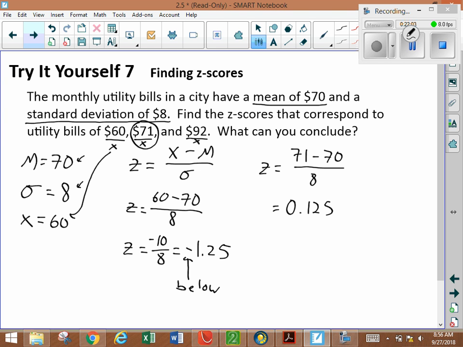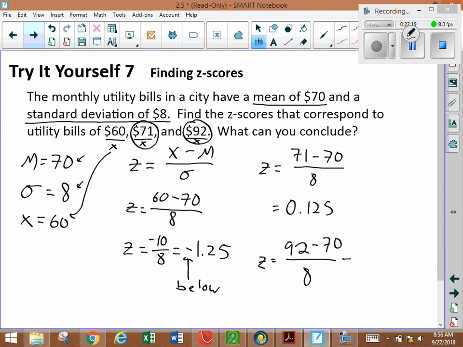Let's get the last one, and then let's compare them. So now our new x value is 92. We're using this as our x value. 92 minus 70 divided by 8.